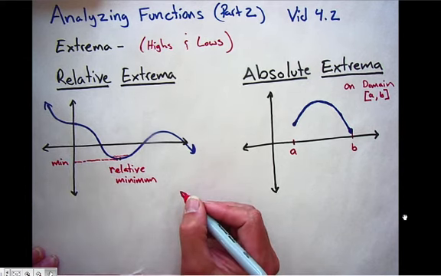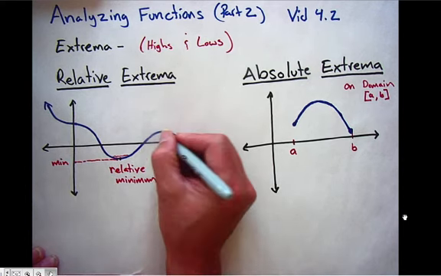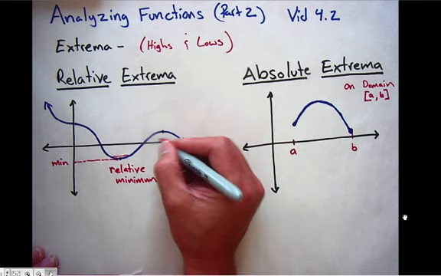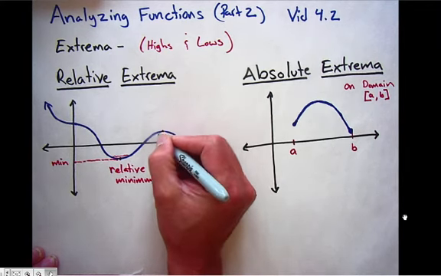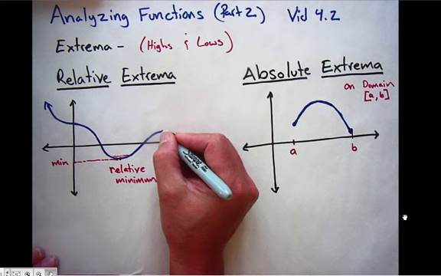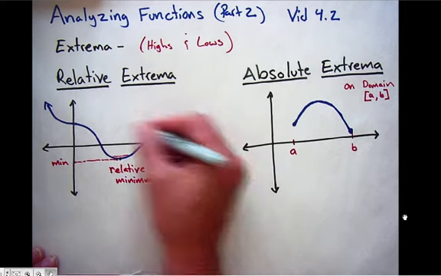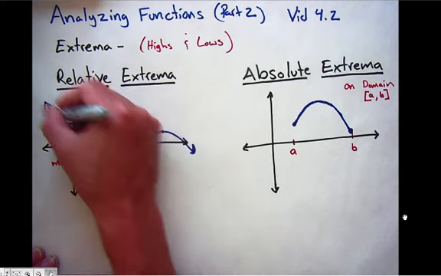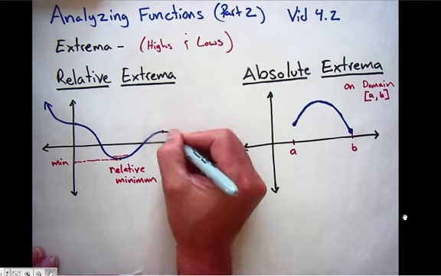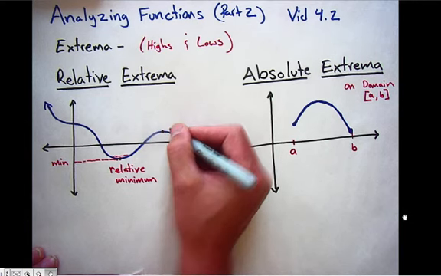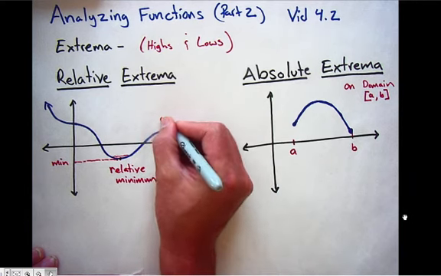Okay, and then the maximum is right over here. There's a relative maximum. That is a high point. And it's called a relative maximum because it's not really the highest point on the function. There's higher points over here, but in that general vicinity, there's a bump. And that is a relative maximum.